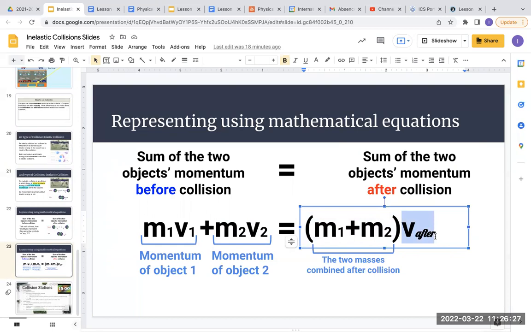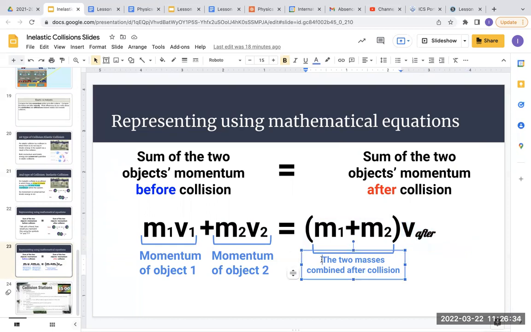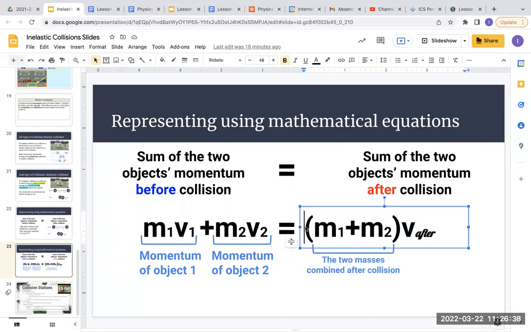The two objects are traveling together, so there's only one velocity. The inside of the bracket is the two masses combined after collision, so this entire side is the momentum after collision. And that is the equation for inelastic collision.